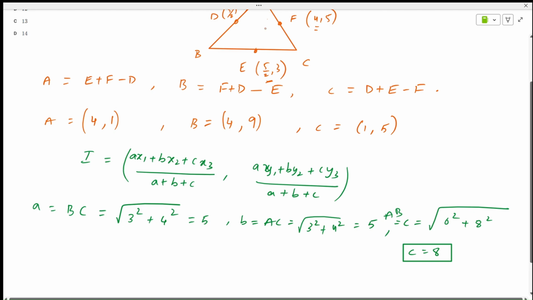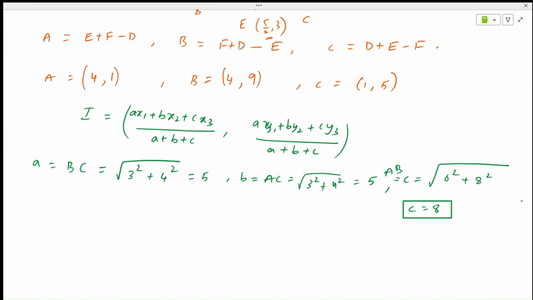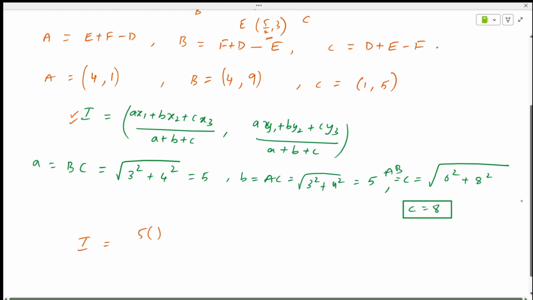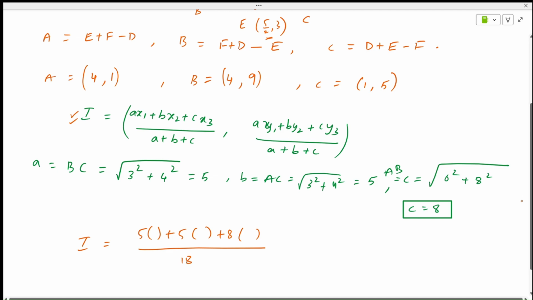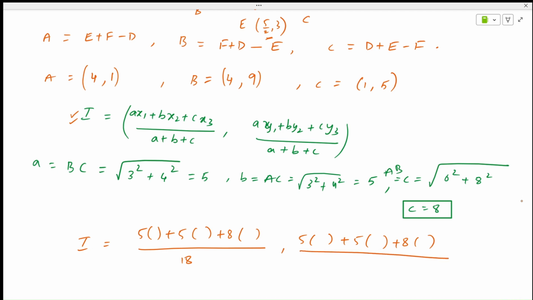Now, if we substitute these values in here, we will get I. I is equal to (5 x1 + 5 x2 + 8 x3) by 18, and (5 y1 + 5 y2 + 8 y3) by 18.